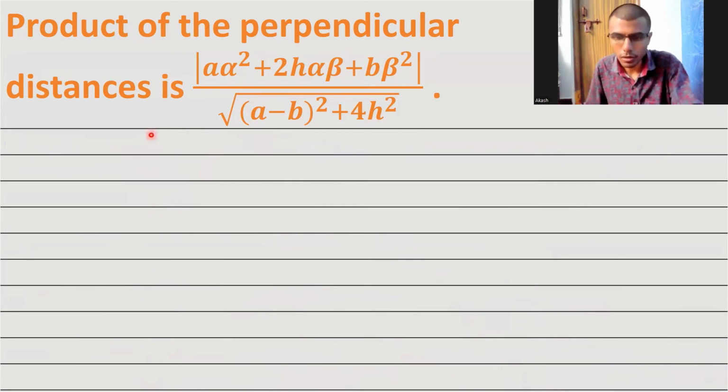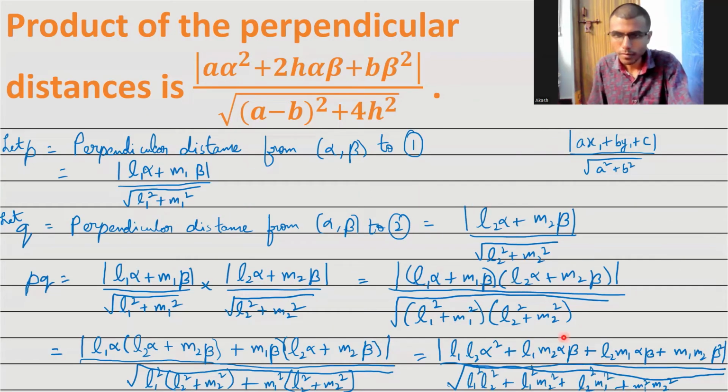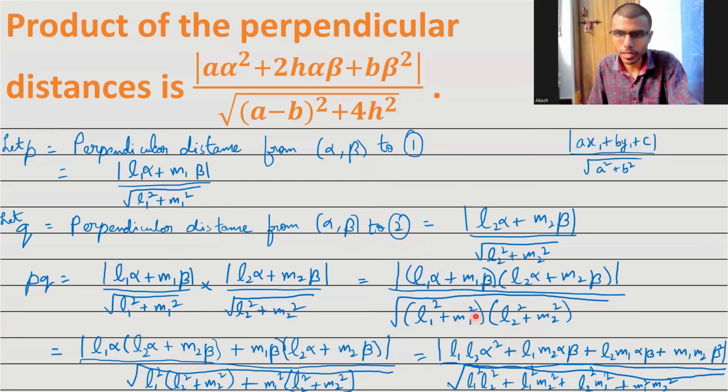Okay. Now this would be nothing but equal to, if you'll observe in the numerator, if I'll take alpha beta common, I'll get L1 M2 plus L2 M1. Now, apart from that, the other terms I'm just going to write as it is.